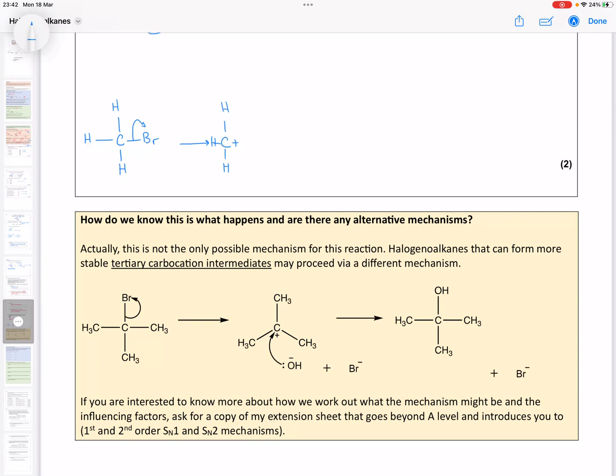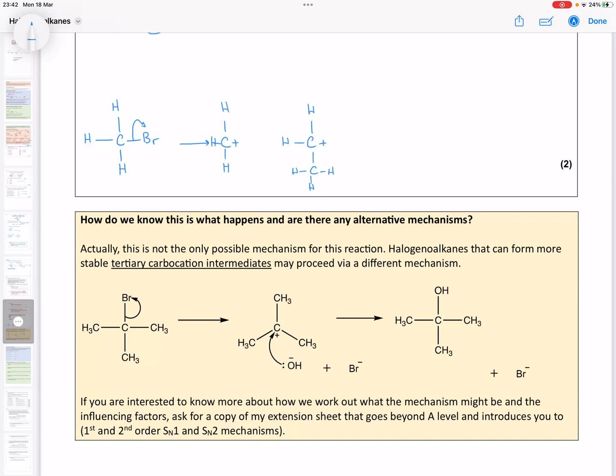So there's not much stabilisation there. This is a carbon atom bonded to one other carbon atom. So that's a primary carbocation which has slightly more stability.